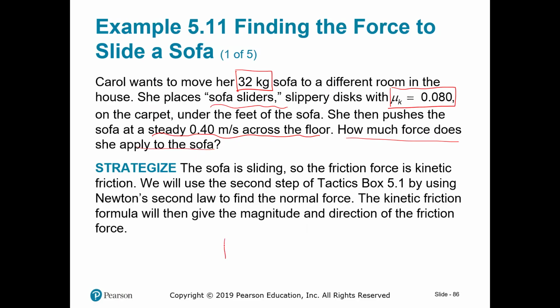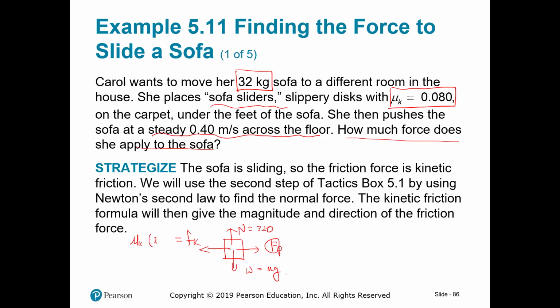So now we can draw the force diagram. The object is moving by this push force, I'll just call it FP. And then, of course, you have a kinetic friction force. And then you have, of course, the normal force, which is the same as the weight, which is 32 times 10, right? Weight is mg, right? So now what is your kinetic friction force? It is mu k times what?